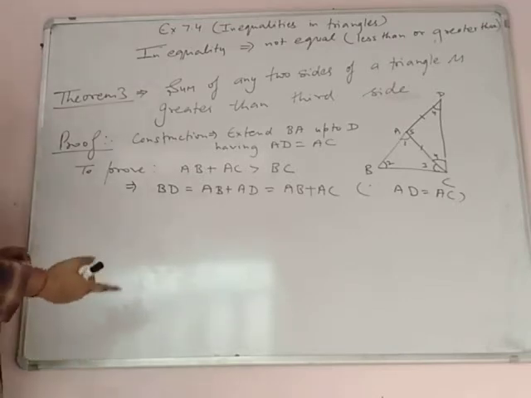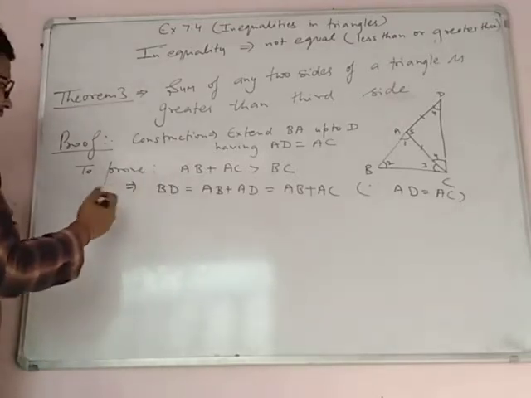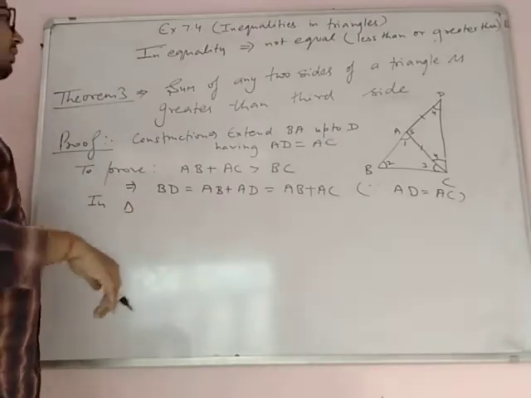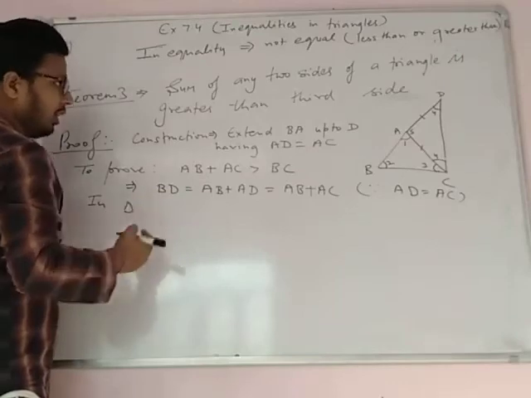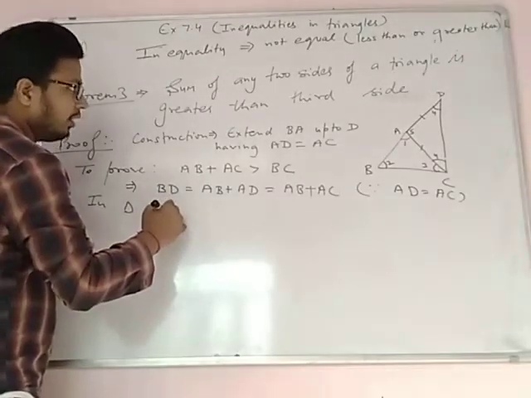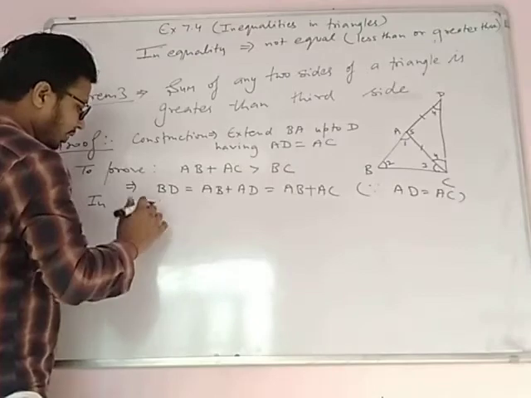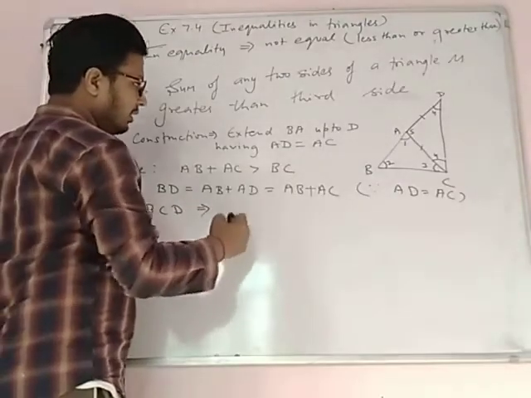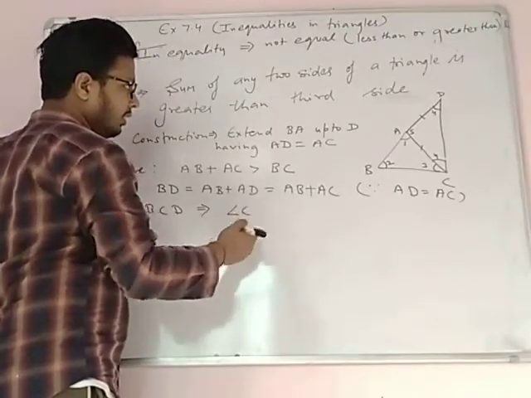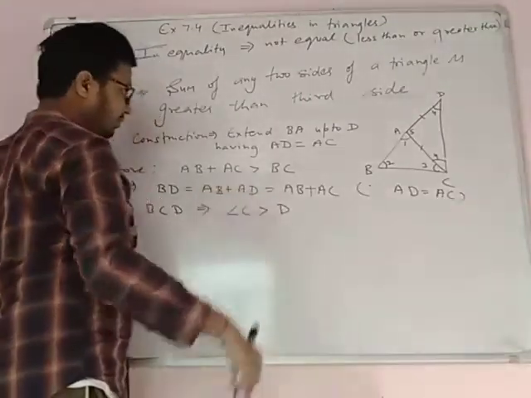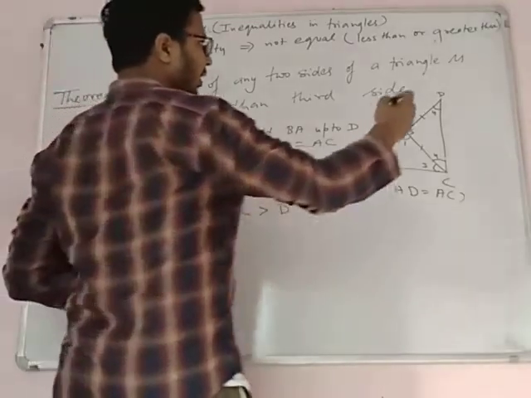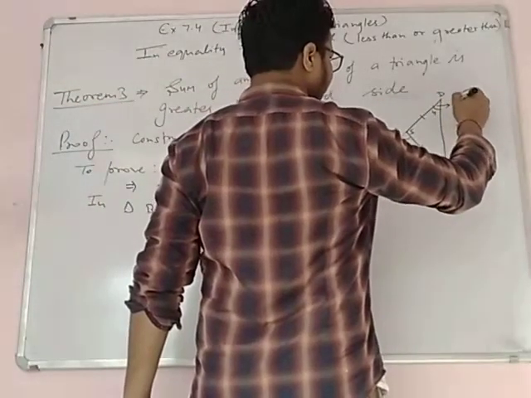Now we will see in triangle BCD, angle C is greater than angle D. Is it clear? Angle C is greater than angle D because that is an isosceles triangle.